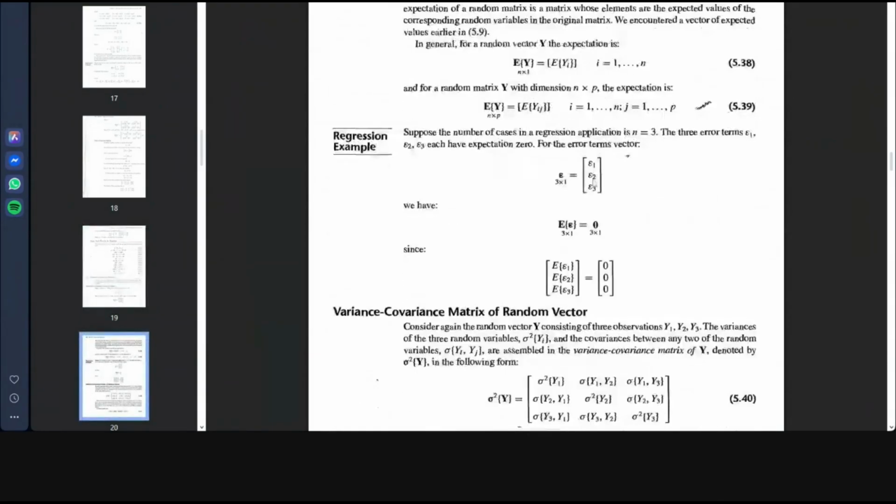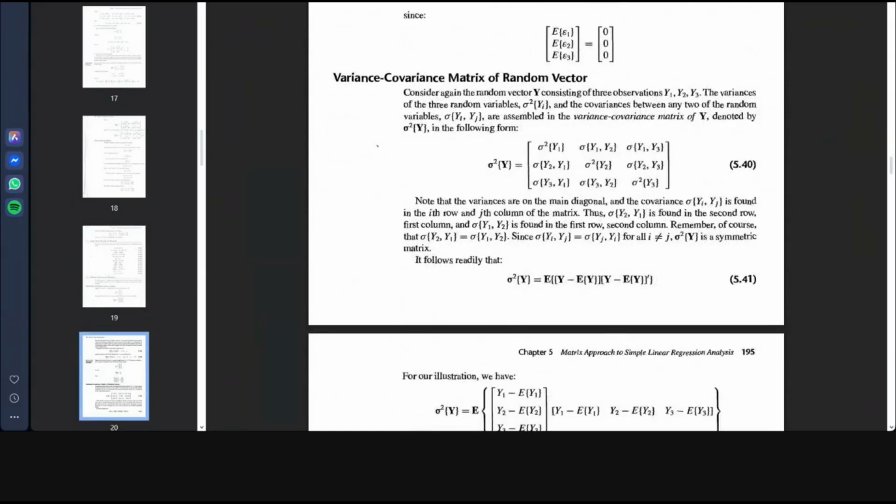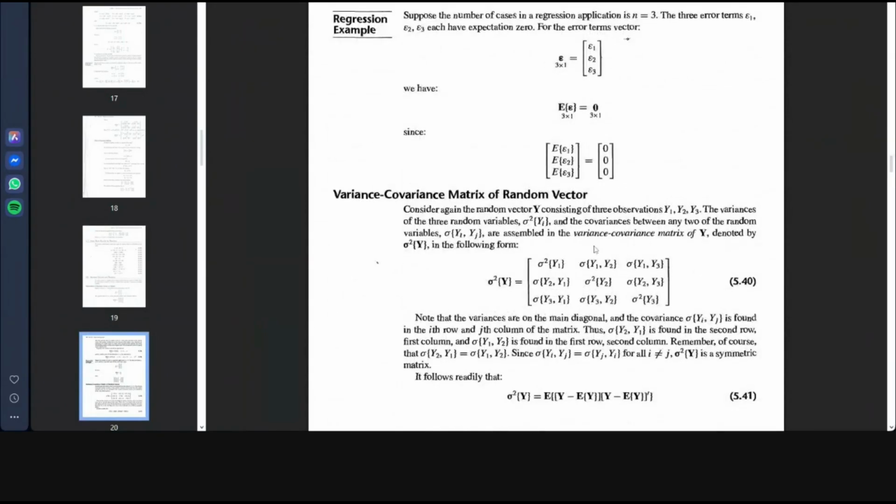The variance of a vector is actually a matrix that shows all the covariance structures of the random variables. You can see that the terms in the diagonal are the variance of y1, the variance of y2, and the variance of y3. That's quite straightforward. But what are these other terms? From Math 365, these are the covariance terms.